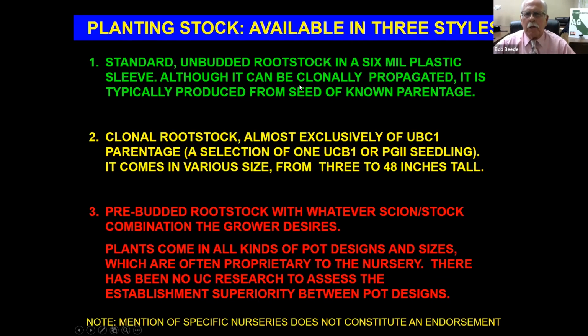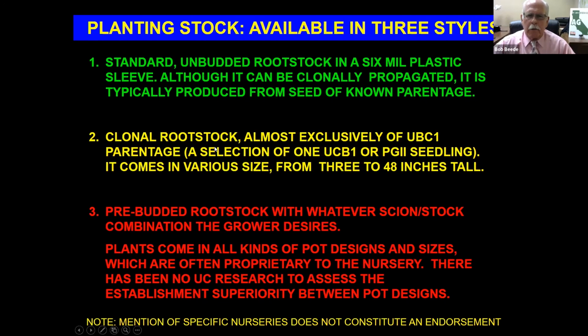And although it could be clonally propagated material, most clonal plants don't go this far in the nursery. They're planted at smaller stages. Instead, it's typically produced from seed of known parentage. And then you have clonal rootstock, almost exclusively of UCB1 parentage.